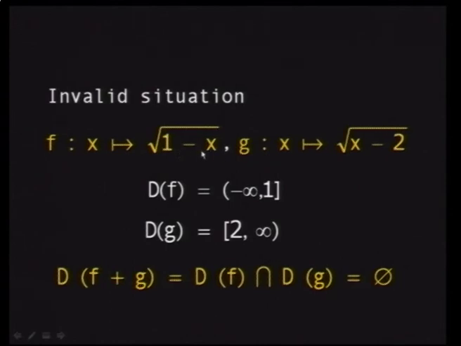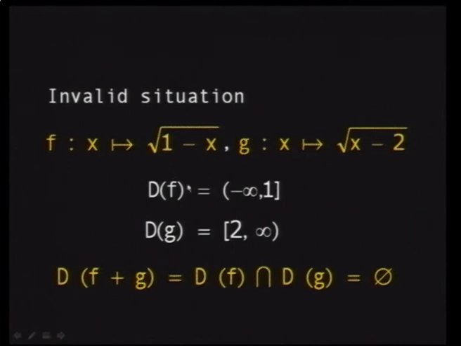Again, if you take, for example, x equal to minus 2, here it works, but here you have the square root of minus 4. So since the domain is the intersection of the domains of both functions f and g, you have to make sure that both domains intersect. The domain of this function: what is inside the square root must be positive, so x is less than or equal to 1.